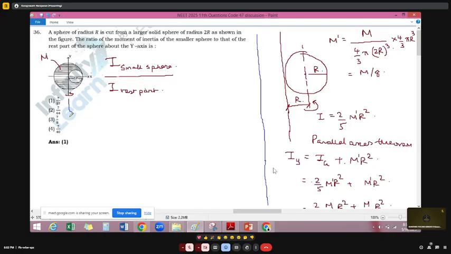Moment of inertia at this point for this bigger sphere, the rest part. For the bigger sphere, it will be 2 by 5 M (2r) squared. This is for the sphere without cutting, the entire sphere. But now some of the part is cut out, which means I have to subtract that. So the moment of inertia because of this should be removed.